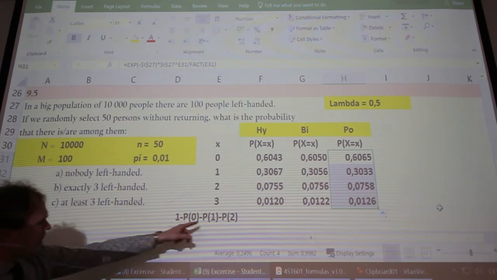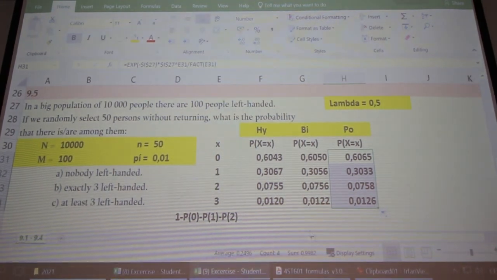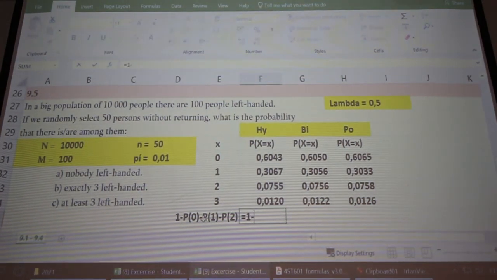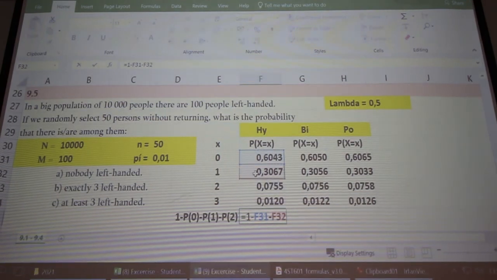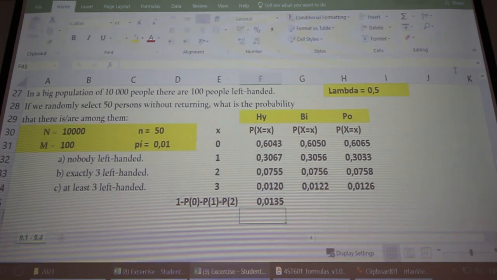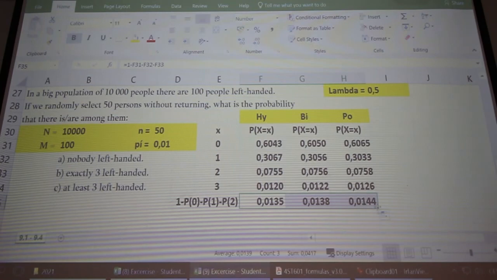We will solve also this. Equal sign, 1 minus probability 0 minus probability 1 minus probability 2, and there will be response C.